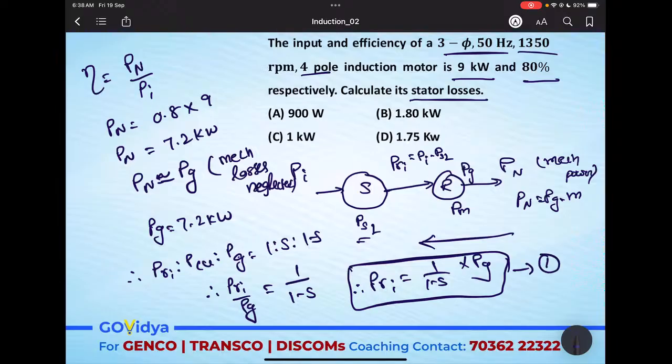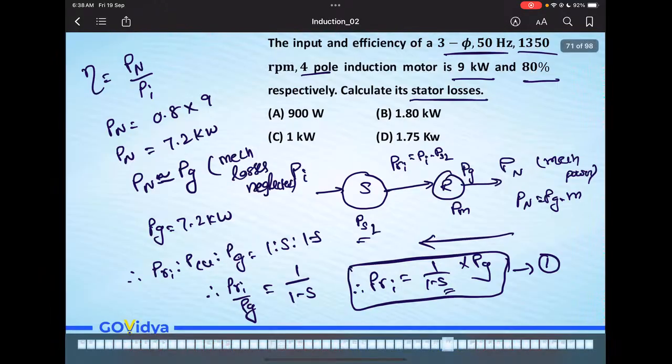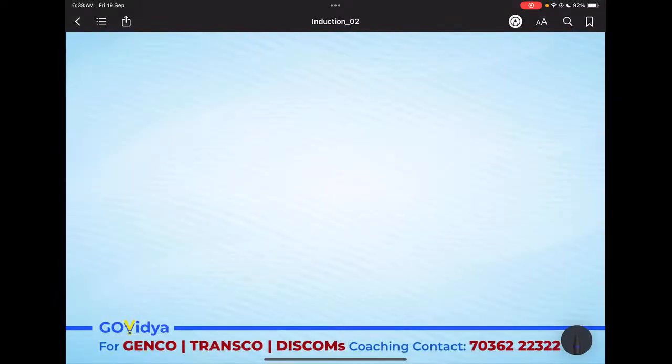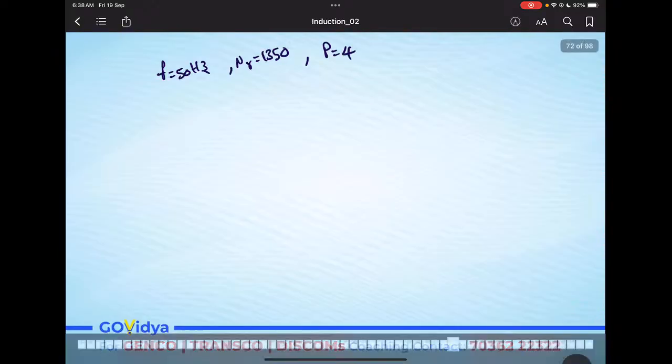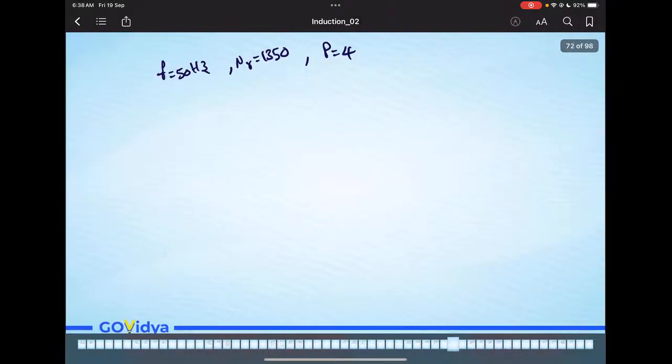For calculating this we need the slip. From the given data, F is 50 Hz, rotor speed Nr is 1350, and the number of poles is 4.